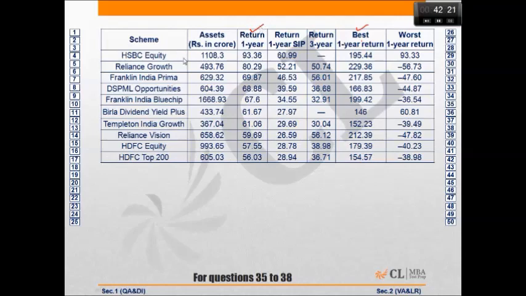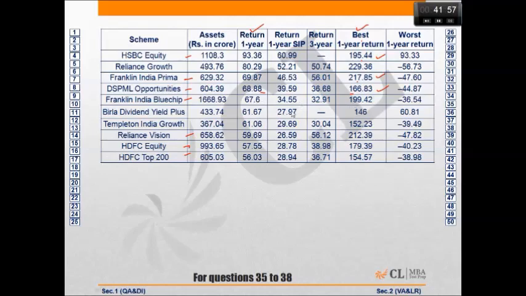Okay, more than 500 is fine, all three of them. And this ratio of best 1 year to the return 1 year should be greater than 2. 195, this is okay. Then 217 upon 69, this is also more than 2. 166 upon 69 more than 2.